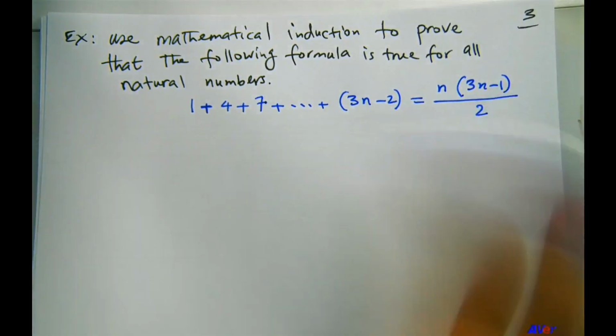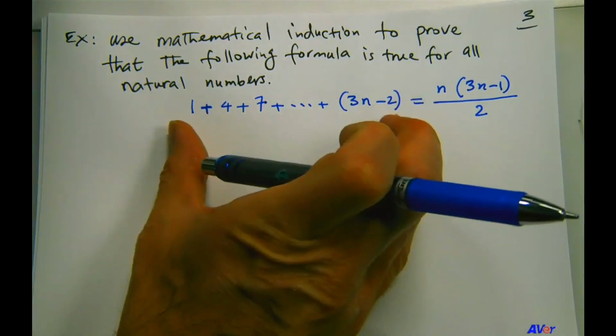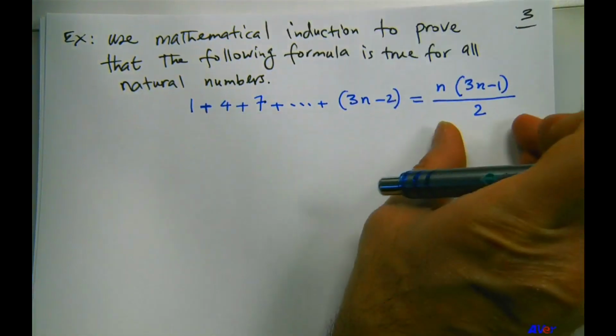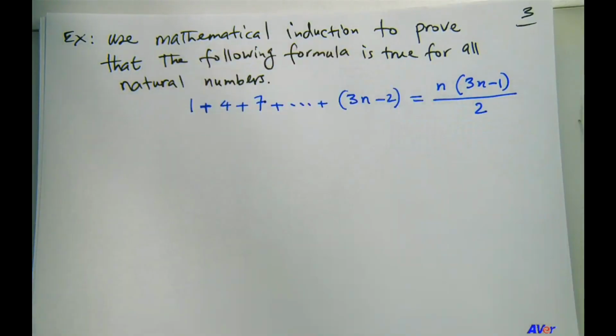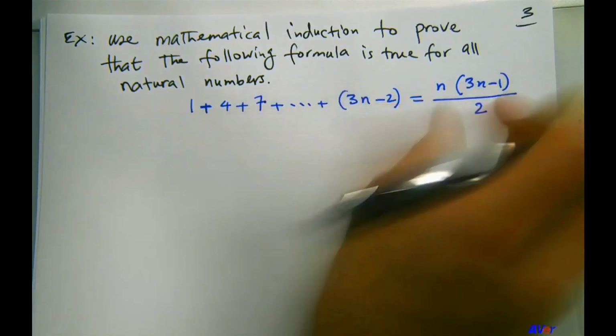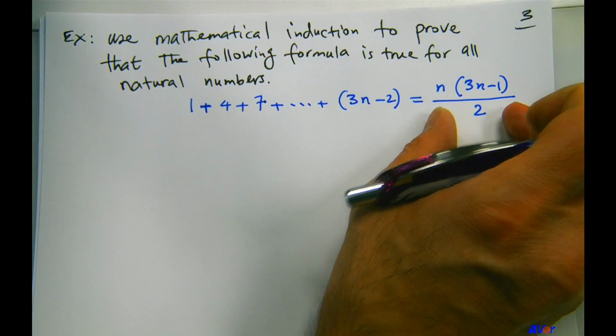So this is a claim. This is an equation, mathematical statement or claim that we need to prove. That means that on the left is equal to that on the right. And we're going to use the mathematical induction to show that the left-hand side is always equal to the right-hand side for all natural numbers.